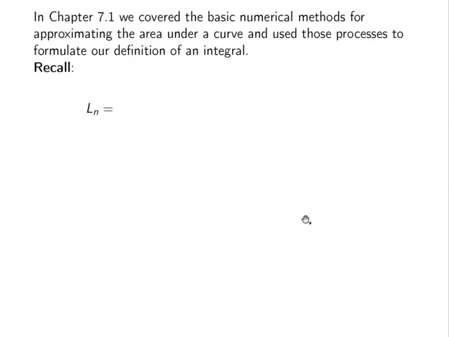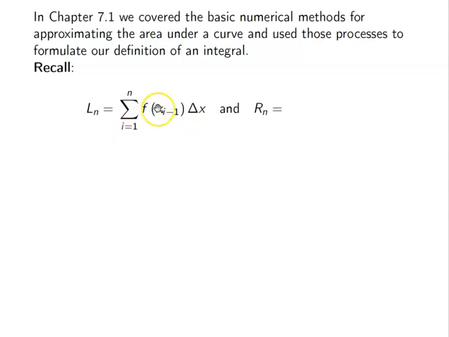So, a quick review. The left-hand sum means that we start on the left-hand endpoint. If we're integrating from A to B, we would start at A as the place where we evaluate the height of our function for the rectangle. The right-hand sum means that we're ending at the endpoint B, so we're taking the right-hand endpoint.